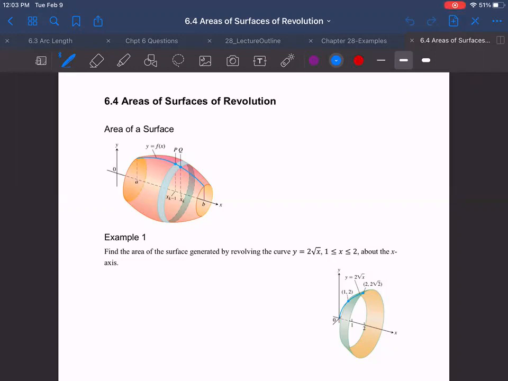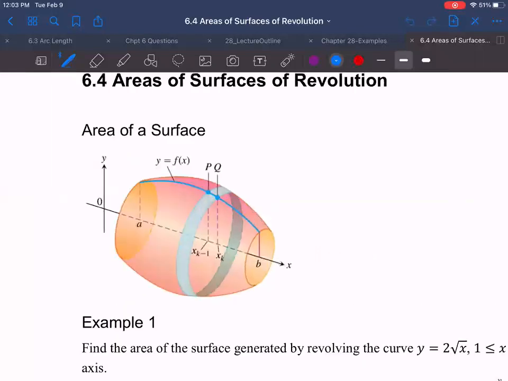So if we look at this picture right here, what we're going to try and do is take that little blue ring right there and figure out its area. And essentially, if we take the limit that Q gets closer and closer to P, right, we essentially end up with just a ring, right?